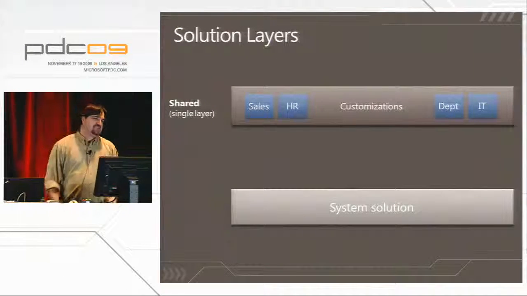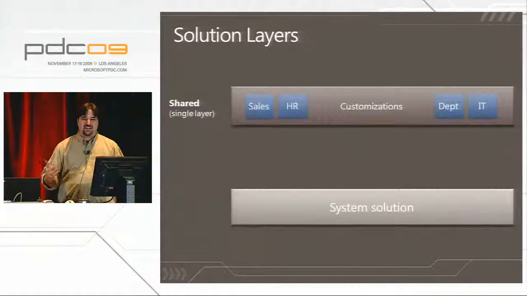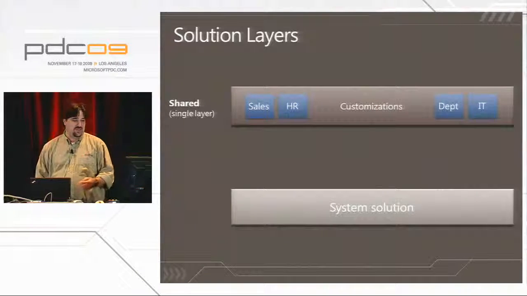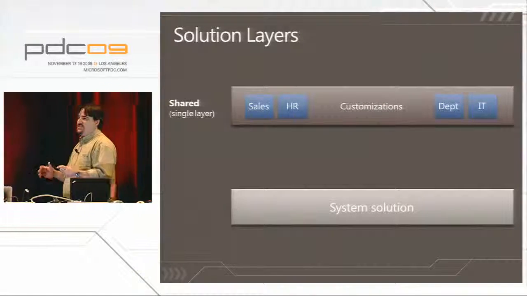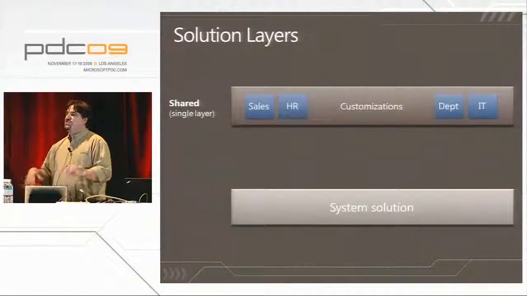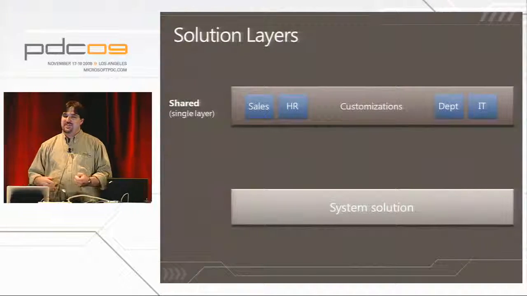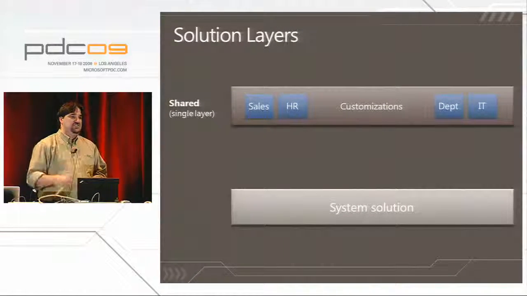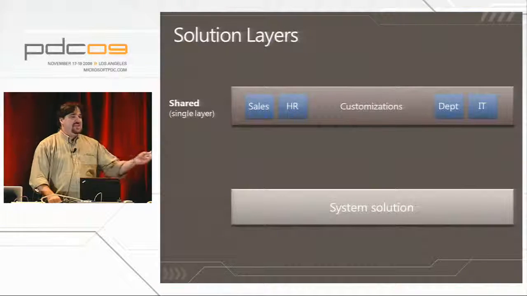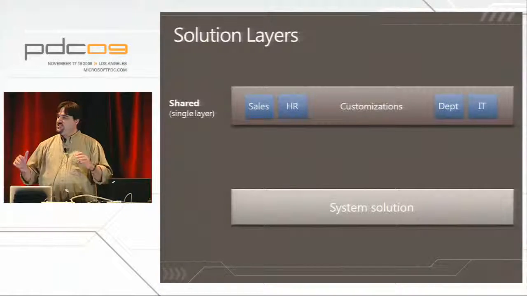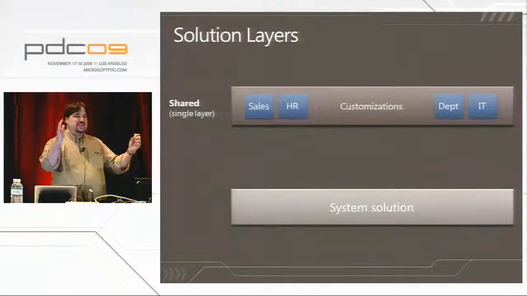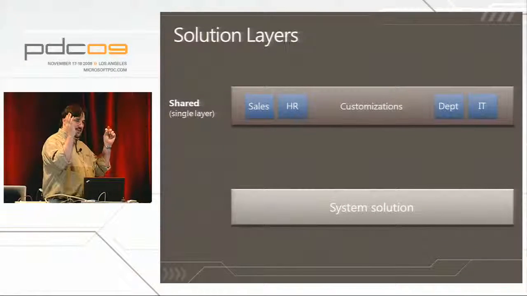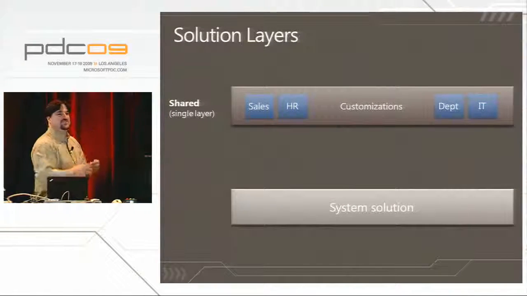Now, this could be the sales folks want to do something, the HR guys want to do something, and so forth. But recognize that all of these changes are effectively happening in what I term here a shared layer. Now, shared means simply that when I'm making a change to, let's say, the account entity, when I'm making it at this layer in an unmanaged solution, effectively whatever the latest version of the account entity is, if you go to export your package, that's what you're going to get.